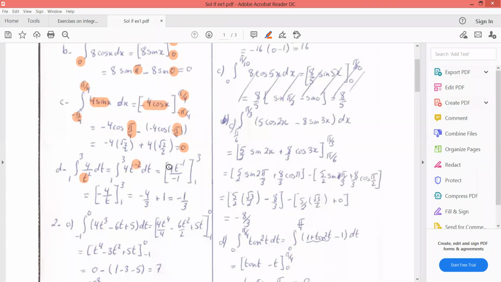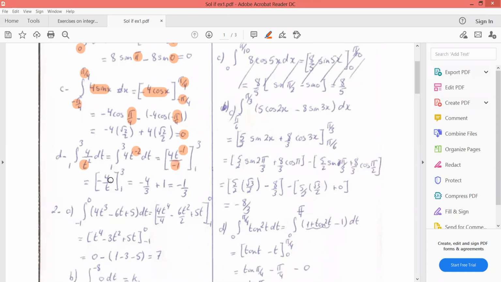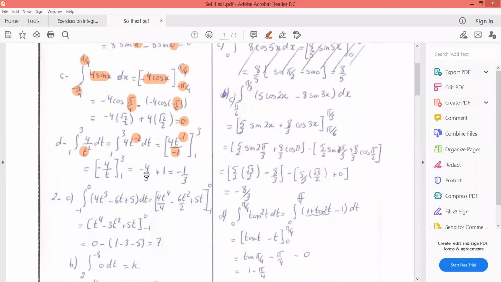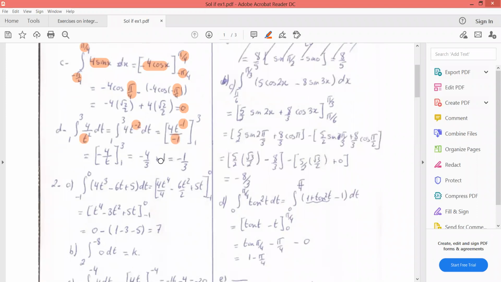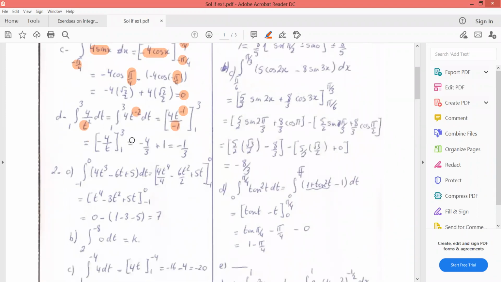We add the power by 1 and we divide by the same power, it becomes t power minus 1 over minus 1 between 1 and 3. You get minus 4 over t, we bring t down. First time we replace by 3, then second time by 1. So, any questions about exercise 1?